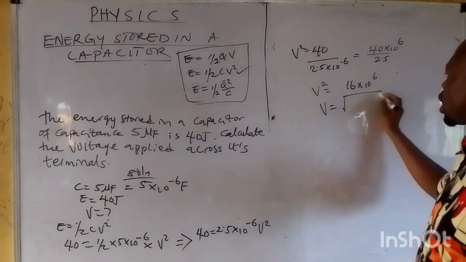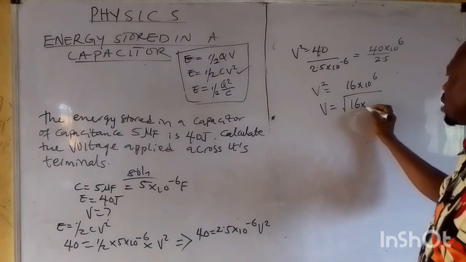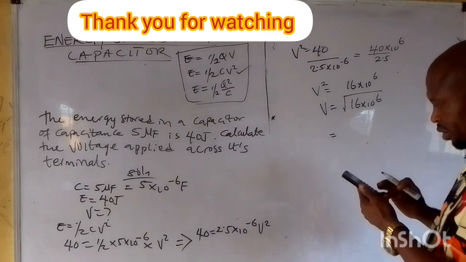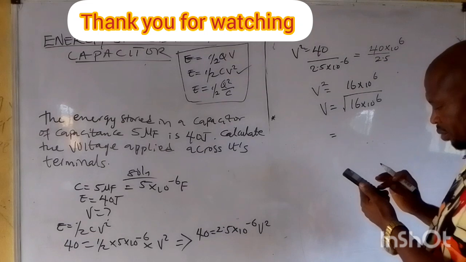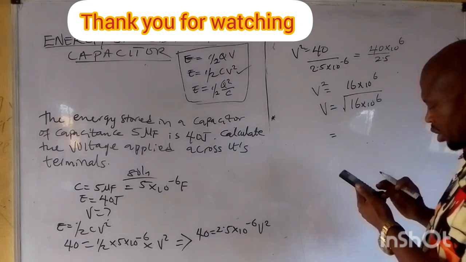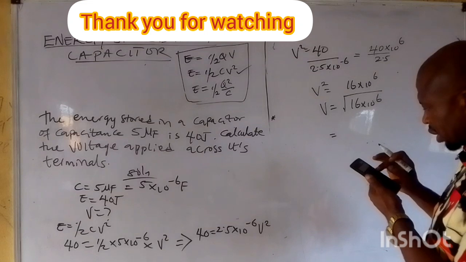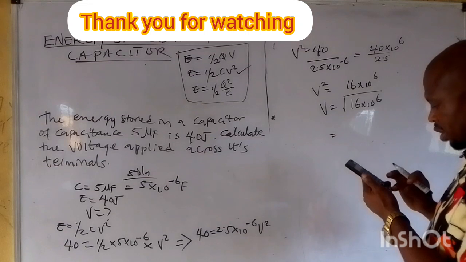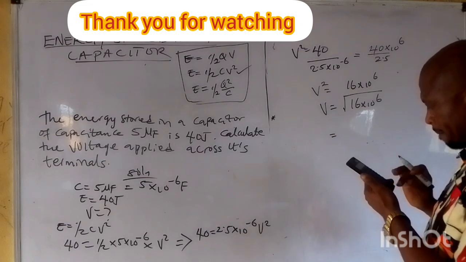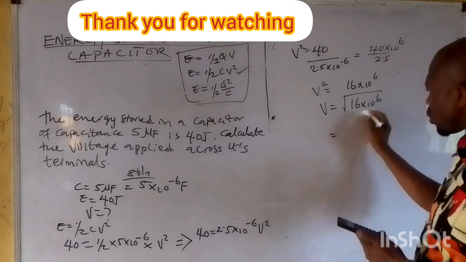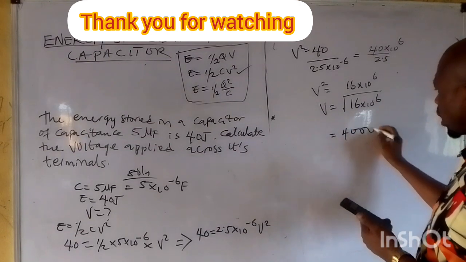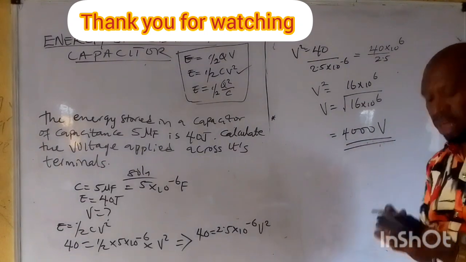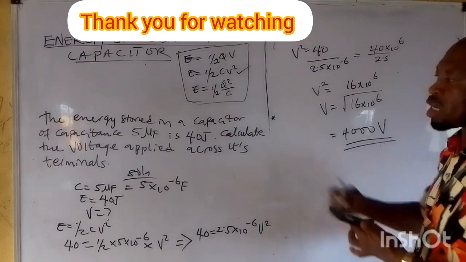V itself is the square root of 16 times 10 raised to the power 6, which gives us 4,000 volts. That is the PD applied to that terminal.